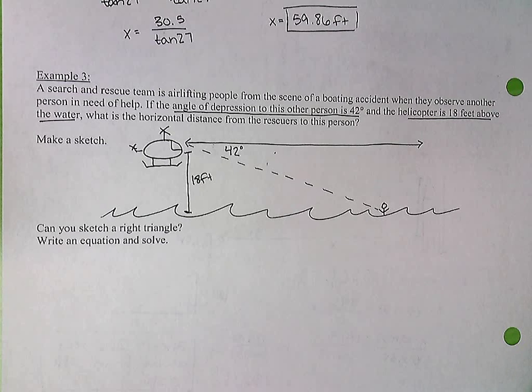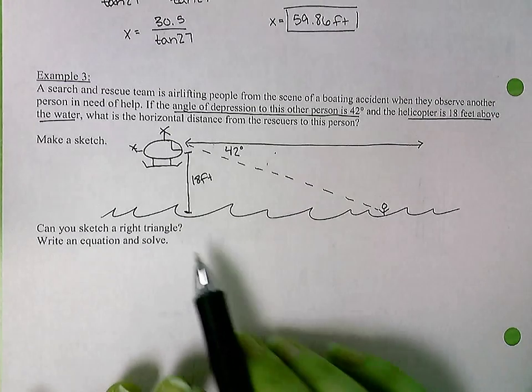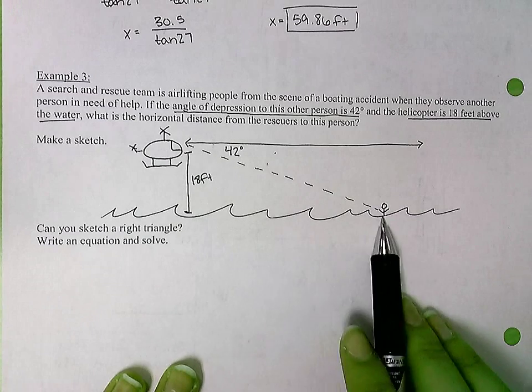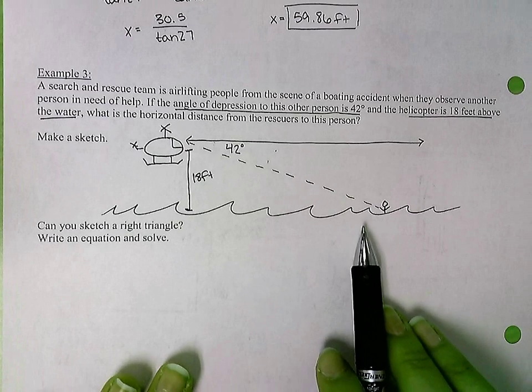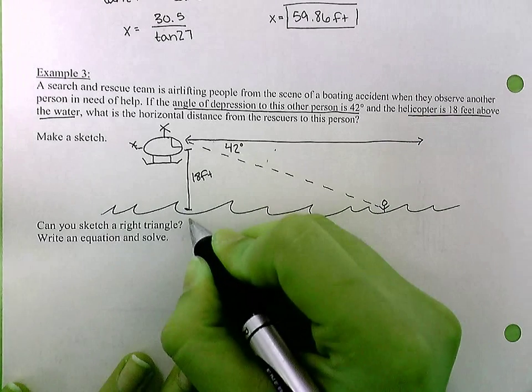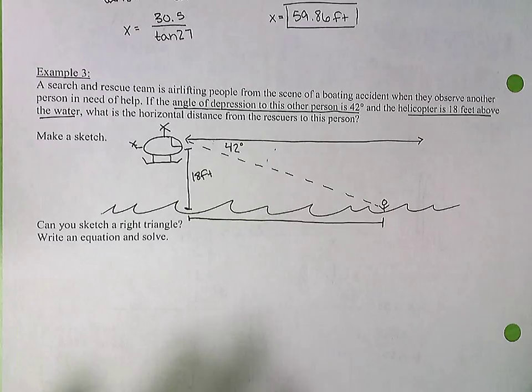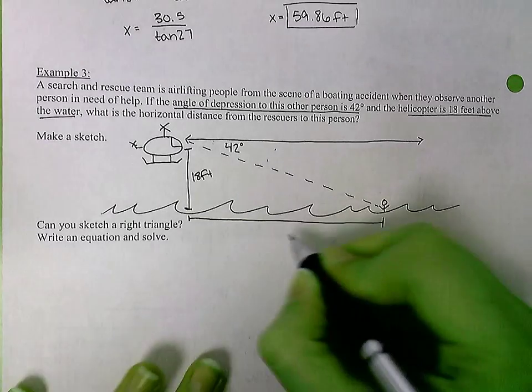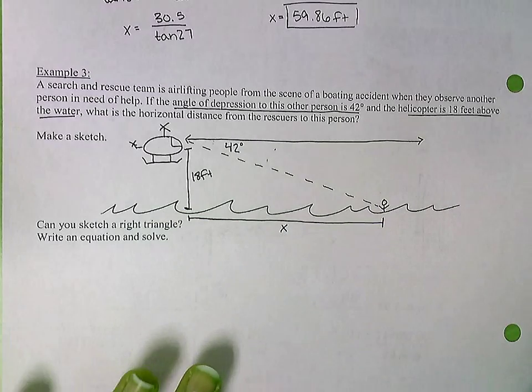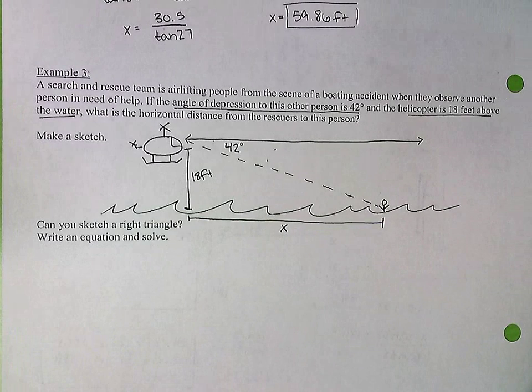And we want to find the horizontal distance from the helicopter to that person. I'm looking for this distance here, and I know I drew it below the water, but that's fine. Can you pick out the right triangle here?